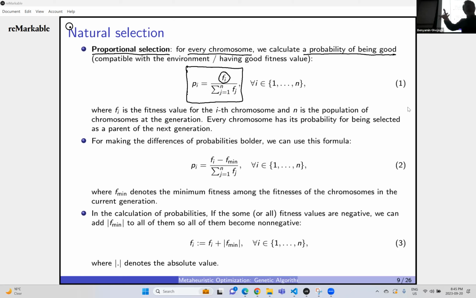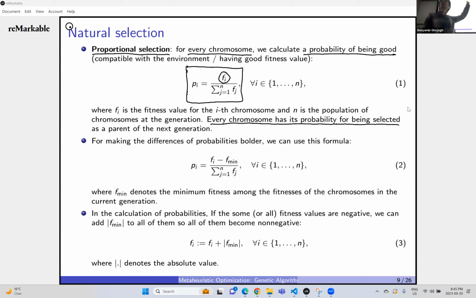Of course, the more the fitness, the more the probability. That's why I said usually in genetic algorithm we want to maximize the fitness. And it makes sense because the better the chromosome, the more probable I should be to take that as a parent. So every chromosome has its probability for being selected.